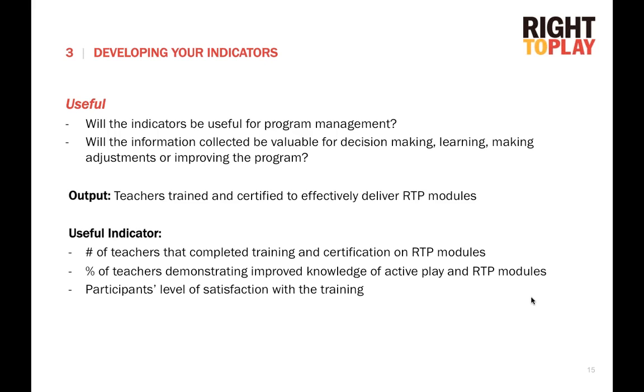Well, if we go back to our example of girls have increased access to education, access is not concrete. So we need to be able to use our indicators to understand what we're going to be measuring to determine whether or not girls have access to education.